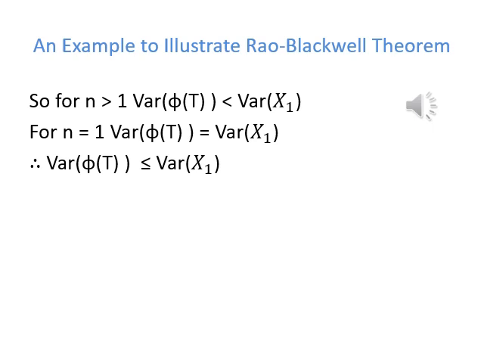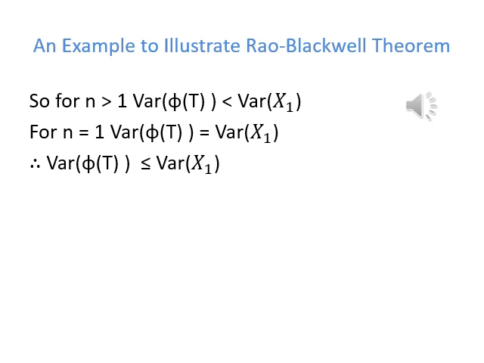So in this case we showed that phi of t, which is x bar, is an unbiased estimator for theta. Also we showed that the variance of phi of t is always less than or equal to the variance of x1, so we can say that phi of t is a better estimator than x1, better in the sense that it has smaller variance. So the Rao-Blackwell theorem helps me to get a minimum variance unbiased estimator, but as we said before, it does not say that this estimator is unique.